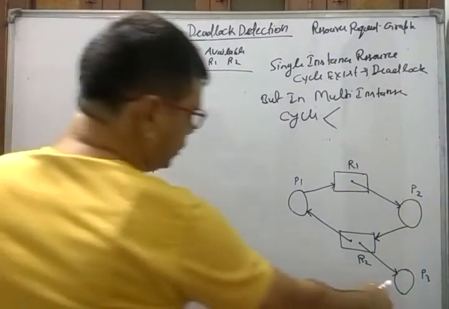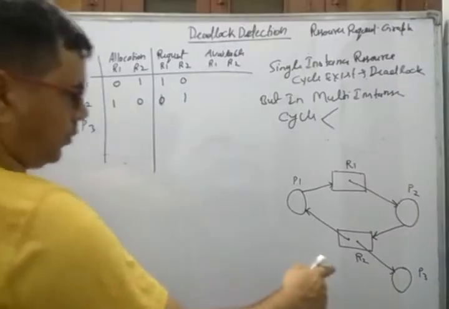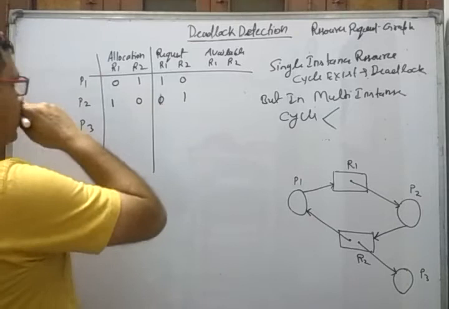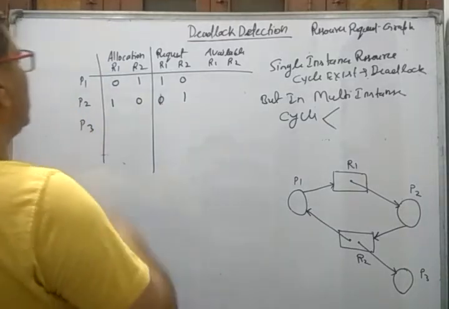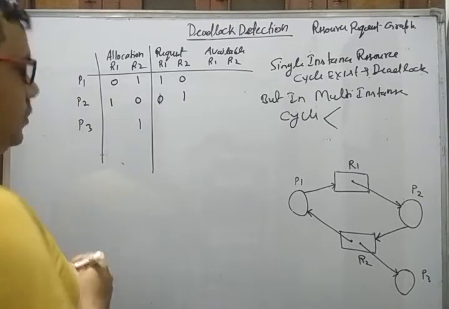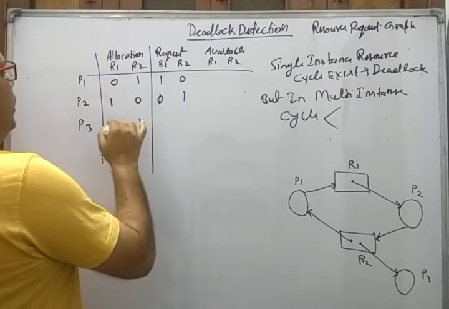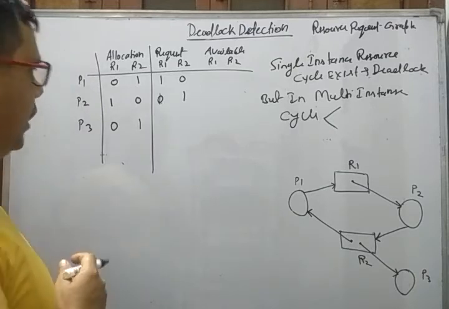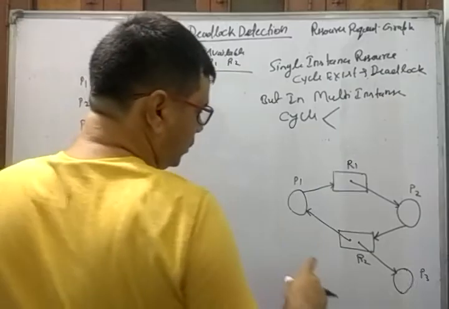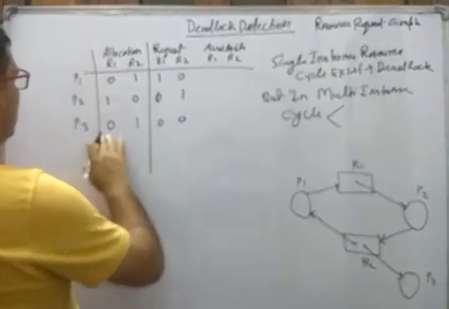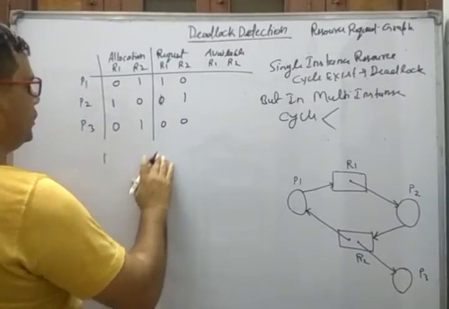Now look at P3. Process P3 is holding a resource of R2, and it is not linked with R1. And process P3 is not requesting anything.